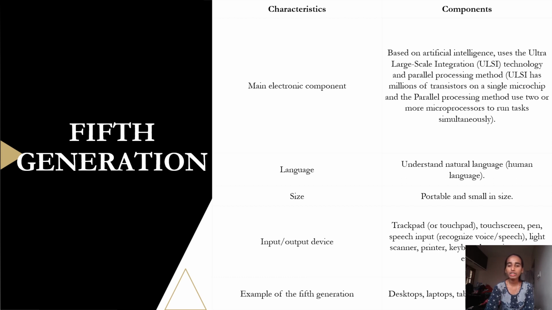The language used is understanding natural language, that is human language. Size: portable and smaller in size. Input output devices are trackpad, touch screen, pen, joystick, scanner, printer, etc. Examples for the fifth generation are desktops, laptops, smartphones, etc.